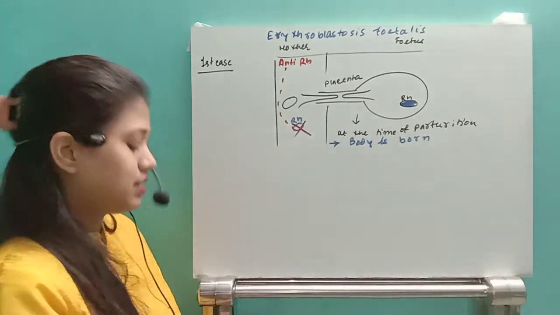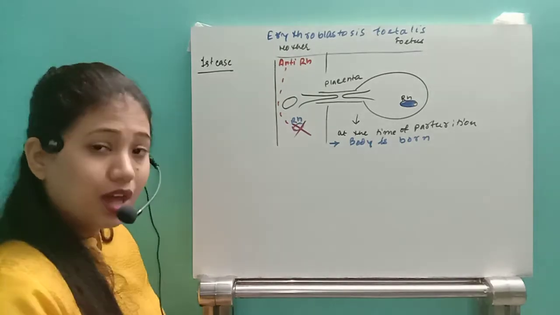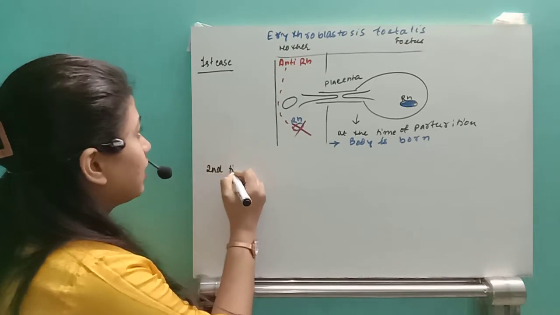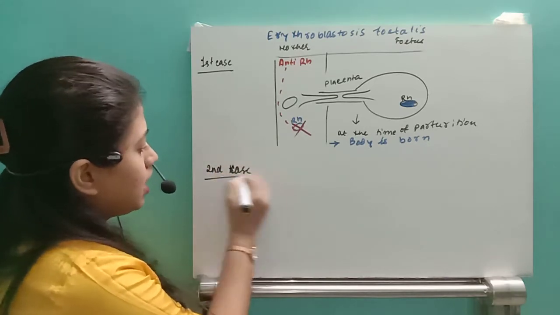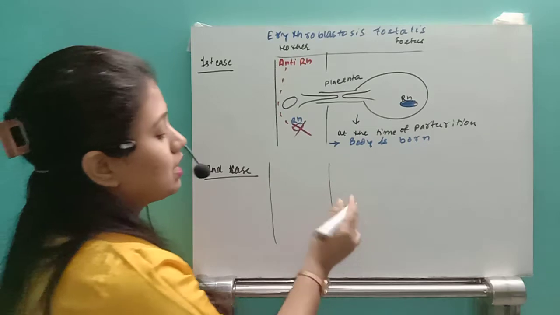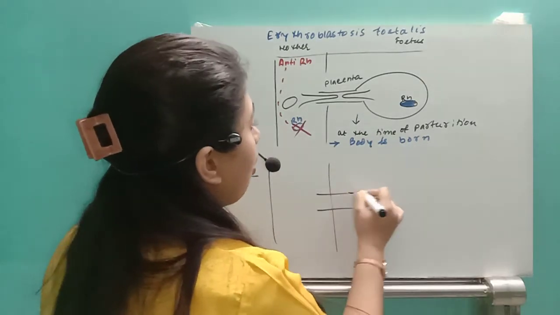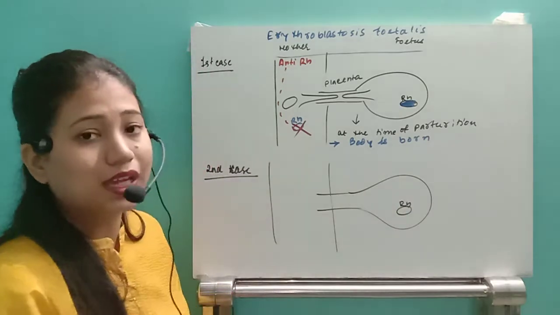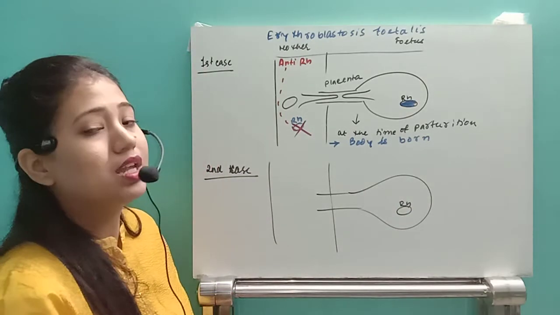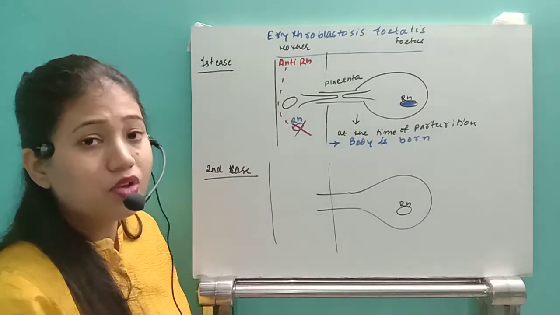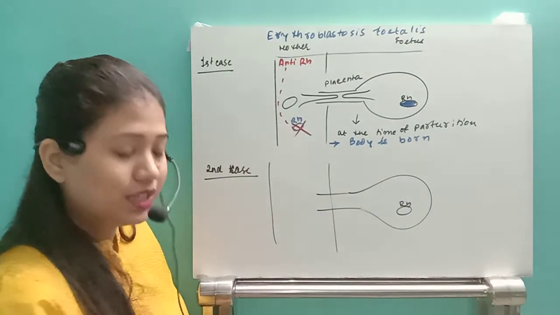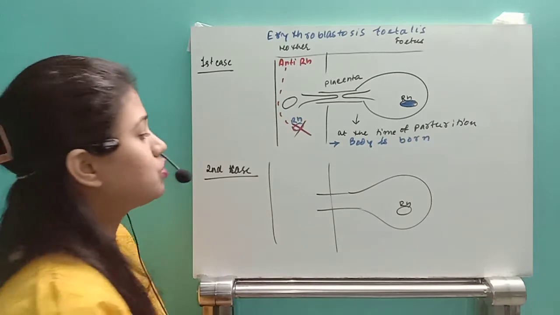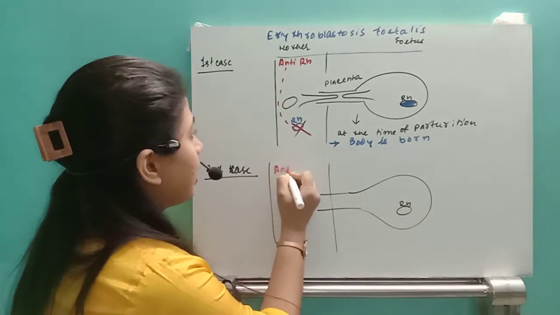Second case: we will see the next baby. Suppose the mother once again conceives a baby of positive blood, the second child, and the second child is also Rh positive. In that case, this time the mother will carry the anti-Rh.